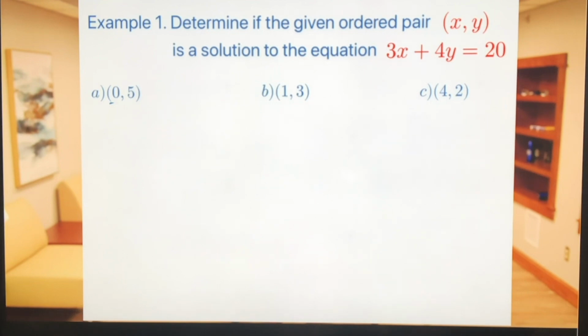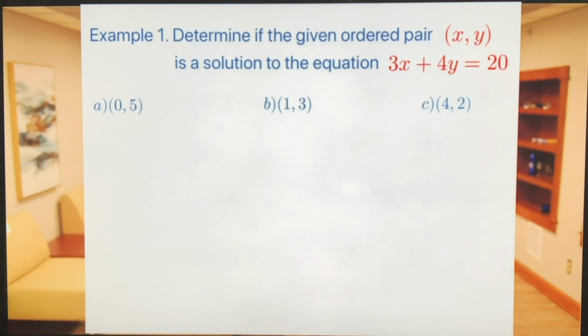We are asked to determine if the given ordered pair x and y is a solution to the equation 3x plus 4y equals 20. So we are going to substitute these values for x and y, 0 and 5, into the equation. Be ready with your pen. Let's do this together.